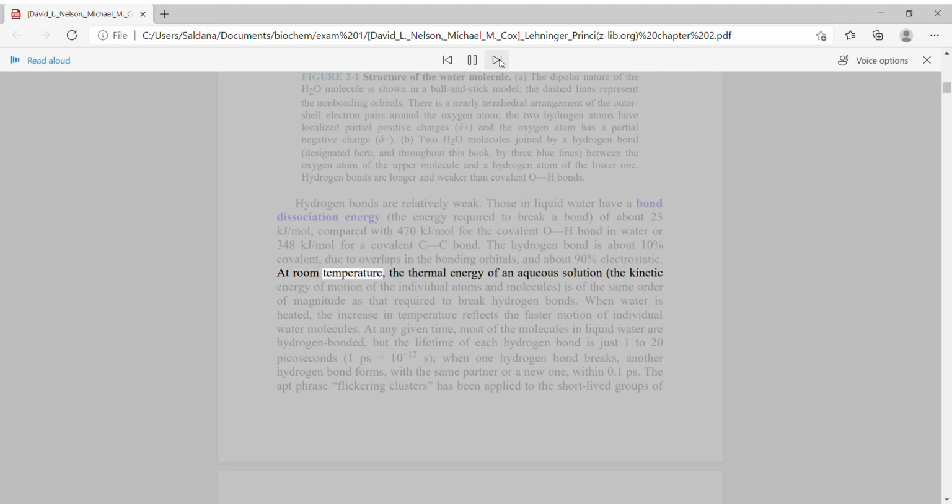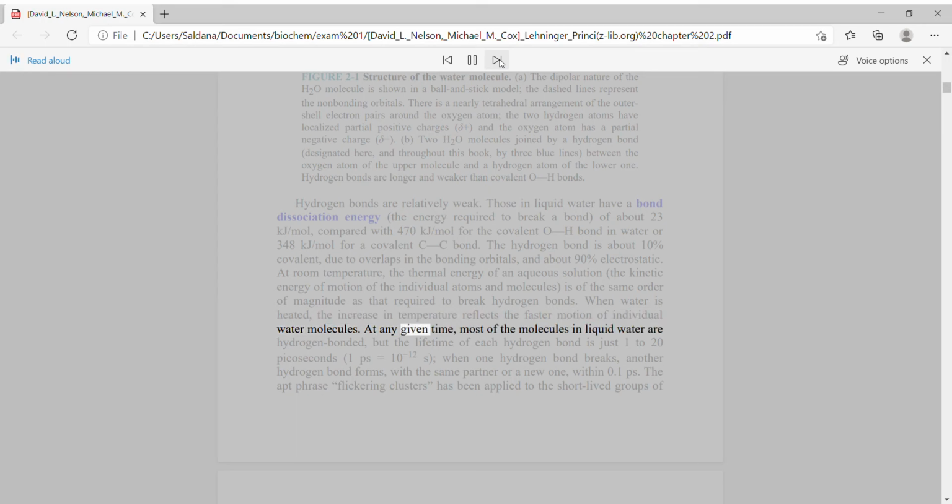At room temperature, the thermal energy of an aqueous solution, the kinetic energy of motion of the individual atoms and molecules, is of the same order of magnitude as that required to break hydrogen bonds. When water is heated, the increase in temperature reflects the faster motion of individual water molecules.